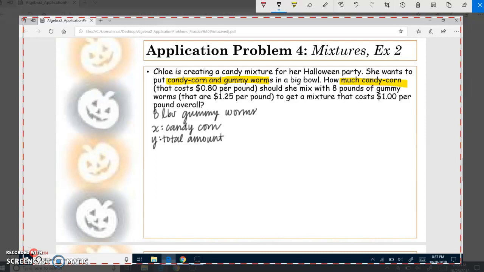So what we want to think about here is if we add X plus however many pounds of gummy worms we have, which is 8, we're going to get to the total. So this equation here, X plus 8 equals Y, represents the total amount of candy in pounds.